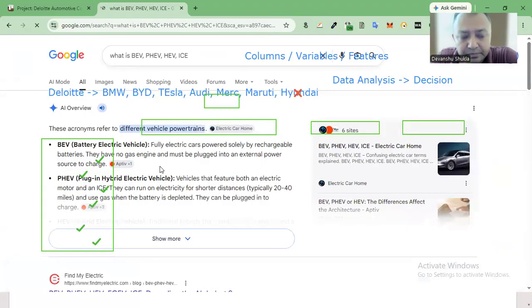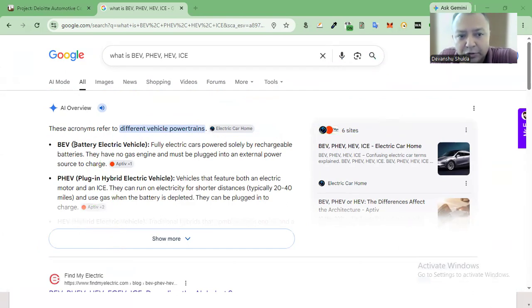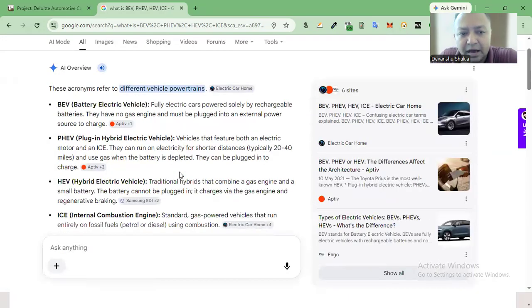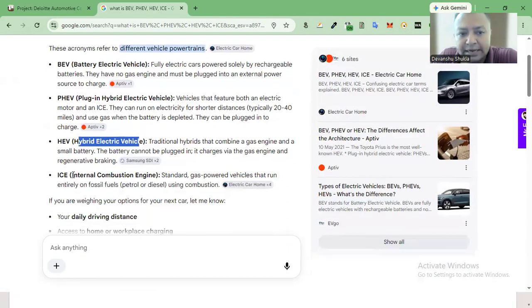so देखो, so BEV stands for your battery electric vehicle. Okay, so the first decision should be across, should we promote a battery electric vehicle, a plug-in hybrid electric vehicle, a hybrid electric vehicle, or an internal combustion engine.